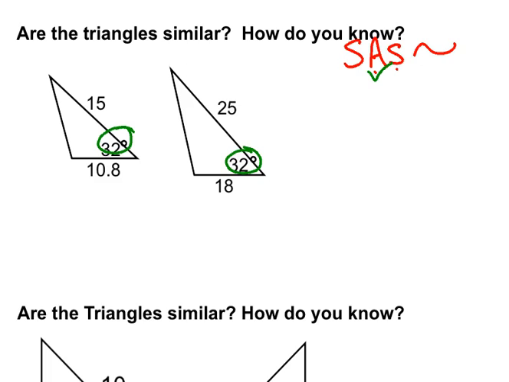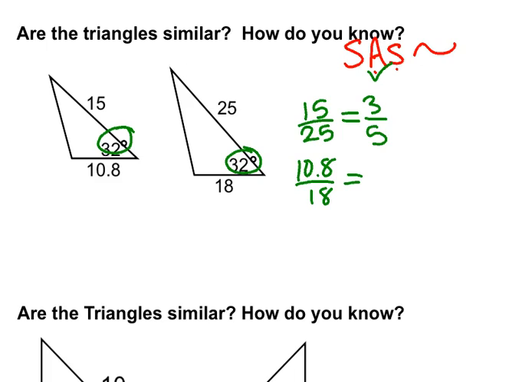25 and 15 look to be the longest sides, so let's check what 15 divided by 25 is. We should get that to be the same as 3/5. Now when we set up the next ratio, we want it to simplify to the exact same thing. So we go 10.8 over 18. Use your calculator to help you on that one. If you're stuck with those decimals, go 10.8 divided by 18.